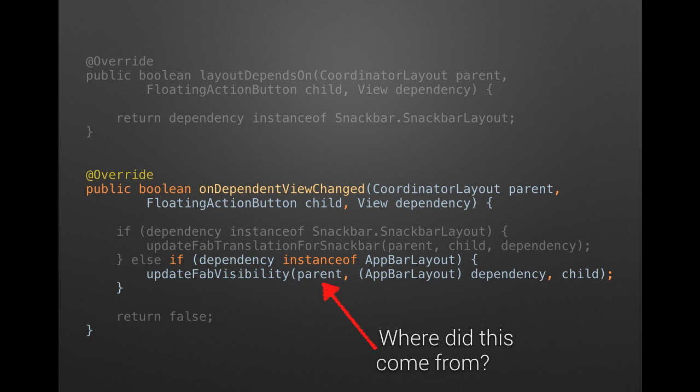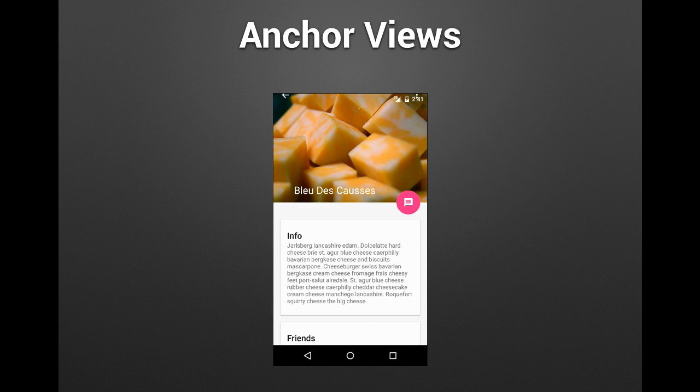But if we go back and look at that method, up here, I never declared that I depended on the app bar. So when on earth would that ever be called? It turns out there is another way that these behavior dependencies can be created, and it has to do with a feature that's also built into coordinator layout called anchors.